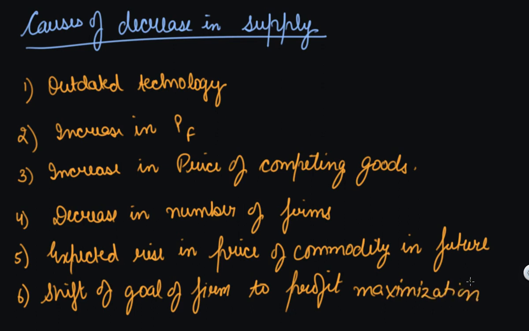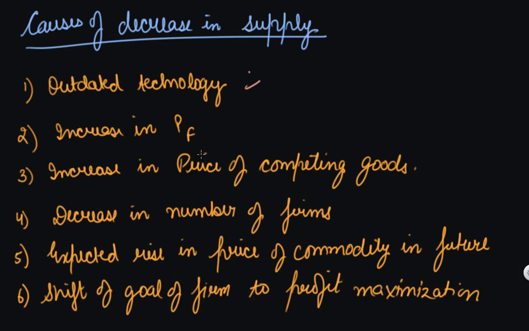When you have outdated technology, your cost of production will rise, so your supply decreases. Increase in the price of factors of production: if the price of land, labor, capital, entrepreneur increases, your cost of production will increase, thus affecting the supply.